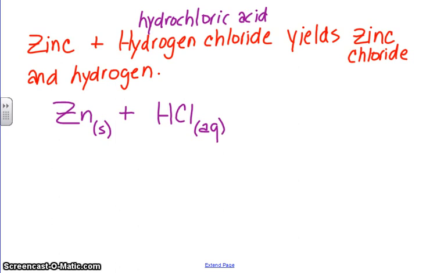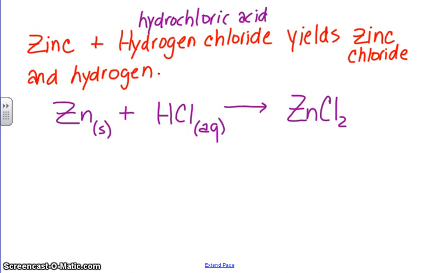Yield, so what do we need to draw? A yield sign, the arrow. And we end up with zinc chloride. So what's the charge of zinc? Plus 2. So how would we do the formula for zinc chloride? Zn, and chloride is Cl, so ZnCl2, correct.